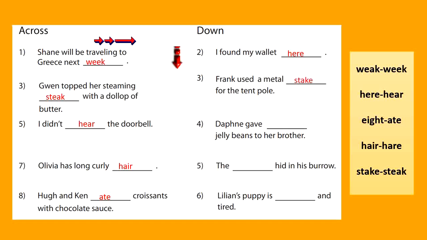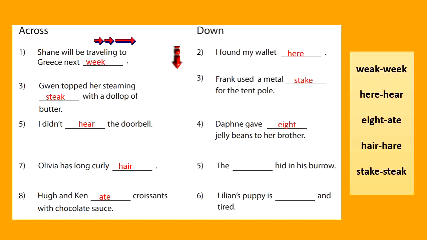Yes, it is a metal stake. Stake. Daphne gave dashed jelly beans to her brother. This seems like a number, which is the homophone of 8. So it is the number 8.